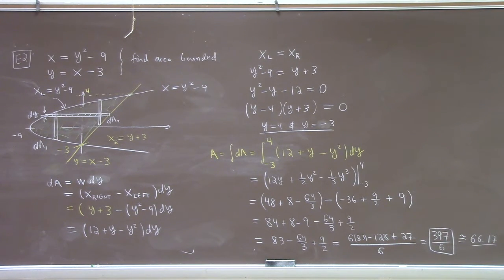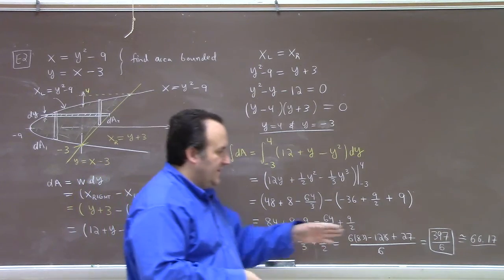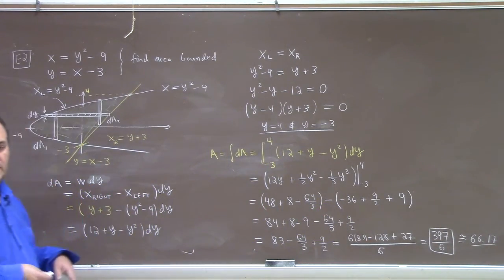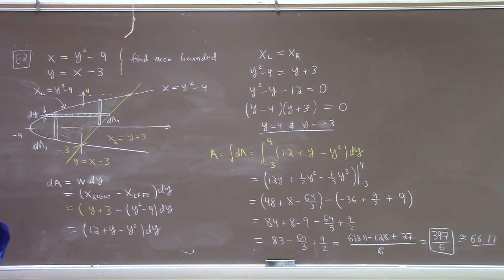This answer is not an approximation. That is the exact area bounded by those curves. What I'm saying is there's more than one way to calculate it, but all of those calculations, if done correctly, will lead to the same answer.